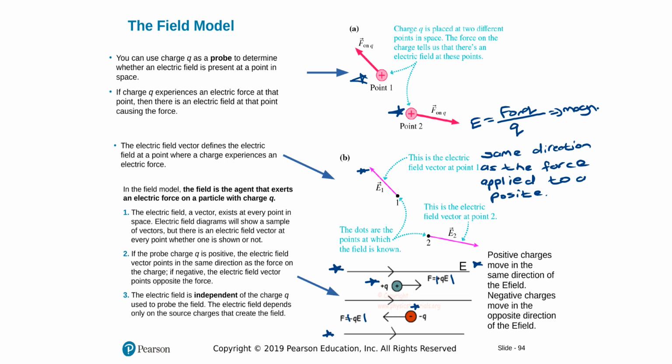We'll keep in mind positive charges are pushed in the same direction as E. Here we see they are the same, and negative charges are pushed in the opposite direction. E is to the right, negative charge is pushed to the left, opposite. So always keep that in mind. Find the direction of forces and then calculate the force using absolute value QE.